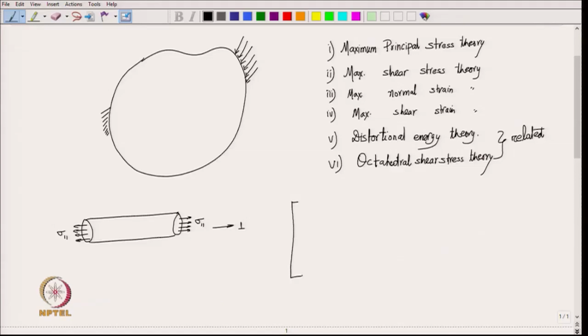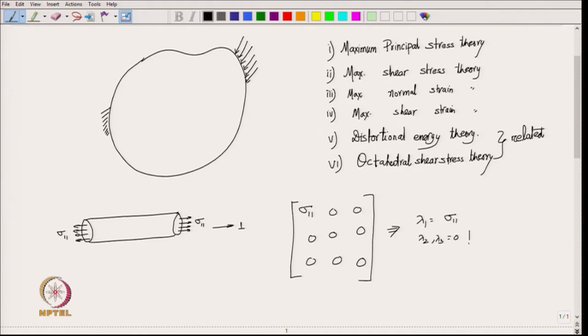Now, suppose that the body is such that it is obeying the max principal stress theory. So, in that case, since it is a simple tension test, what is the state of stress here? It is going to be sigma 1 0 0 0 0 0 0 0 0. So, all the other stress components would be 0, and when you find out the principal stress components from here, then lambda 1 is sigma 1 and lambda 2, lambda 3 are both 0.